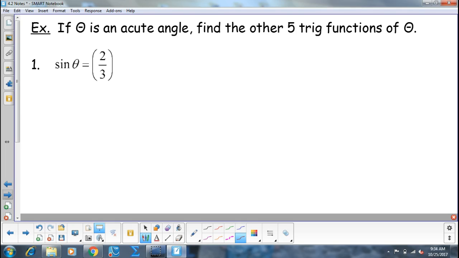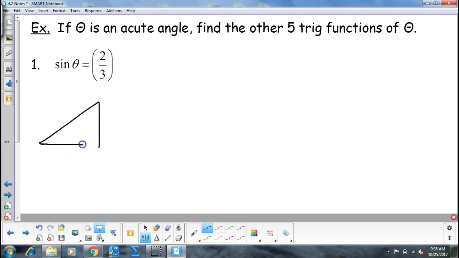Okay? Because sine is positive. And it's an acute angle. So we are in quadrant number 1. So let's draw ourselves a quadrant 1 triangle. It's going to be a right triangle. Here is going to be my theta. What else do I know about said triangle?